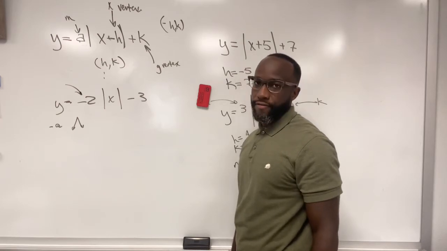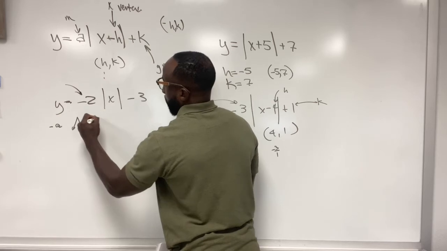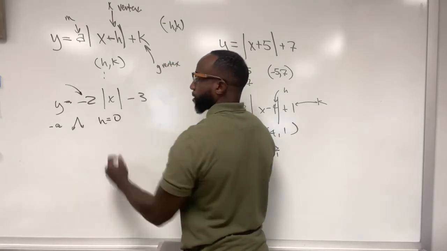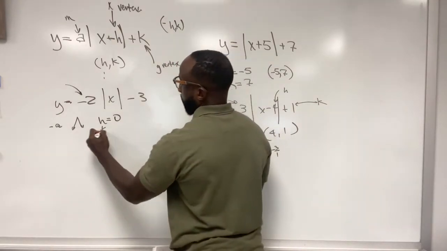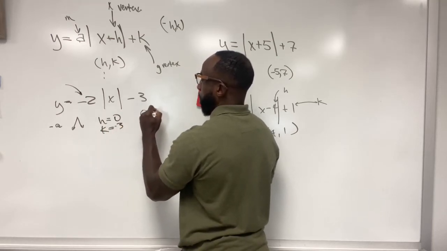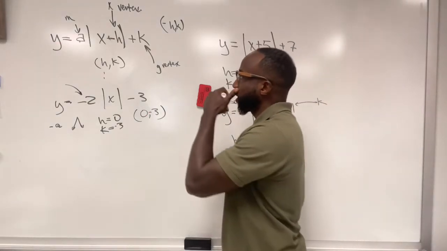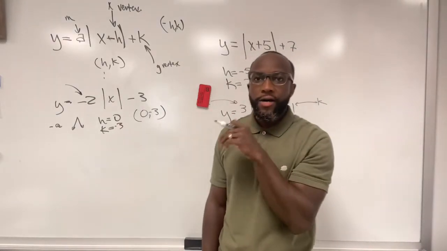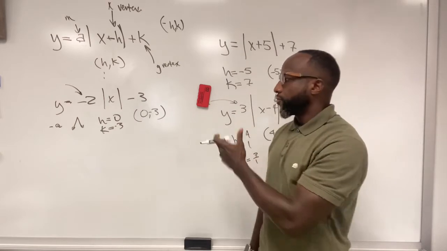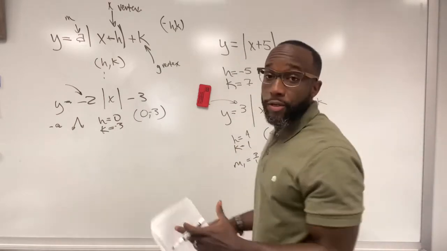It's a negative function, so it's going to be upside down. Here, there's no h, so h is 0. The k is negative, so it's negative 3. So your graph would be starting at 0, negative 3. Vertex is always the starting point of the absolute value graph, right? And that's what I wanted you to catch today.